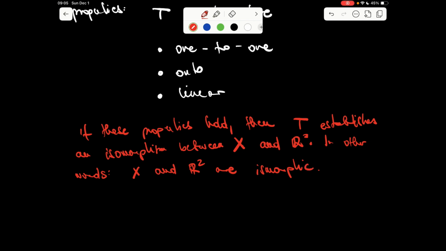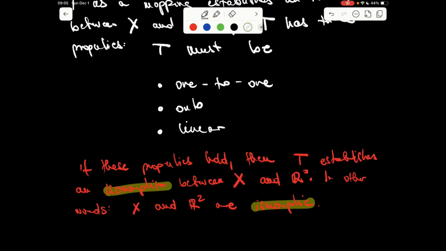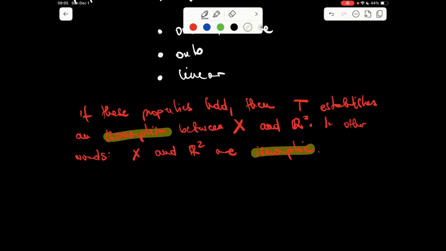This is a very important characteristic of two spaces. So isomorphism and isomorphic are the new terms in our discussion. So let's check if we can find a mapping T, most importantly, which has these three properties.